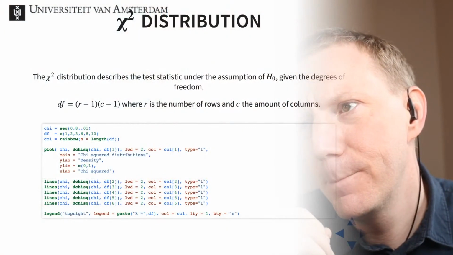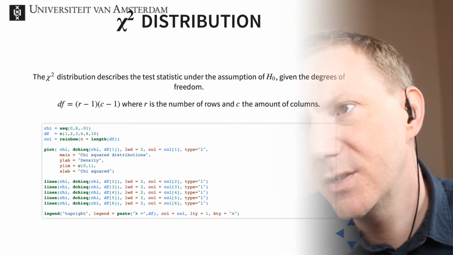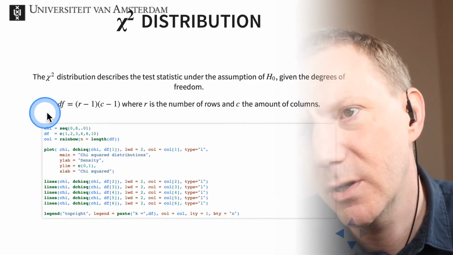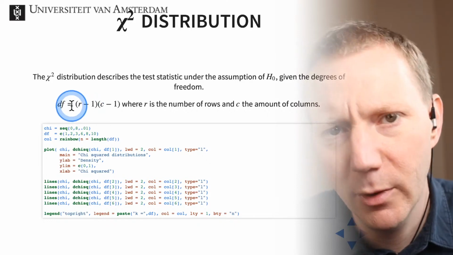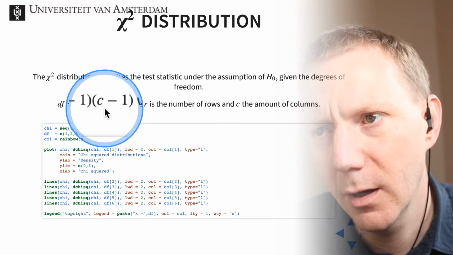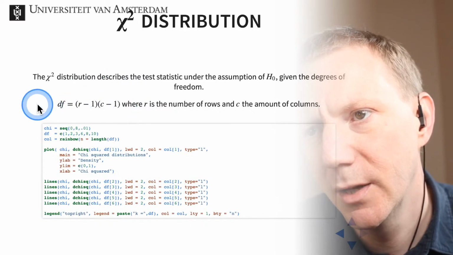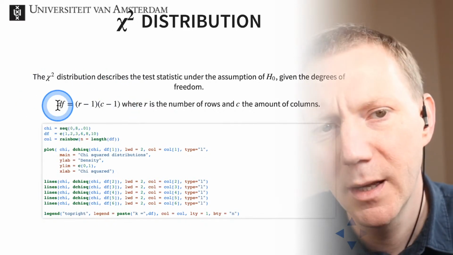That also means that, for the same reason as for the F distribution, you don't test two-sided, because you can only go one way. But it does have degrees of freedom, which are defined by the number of rows minus 1 multiplied by the number of columns minus 1. Those are your degrees of freedom.